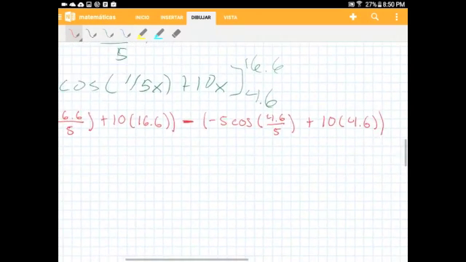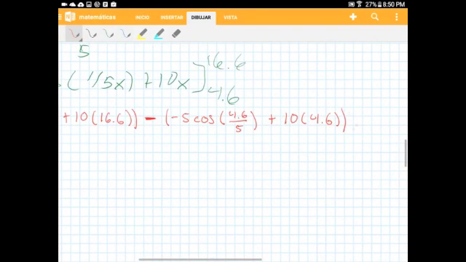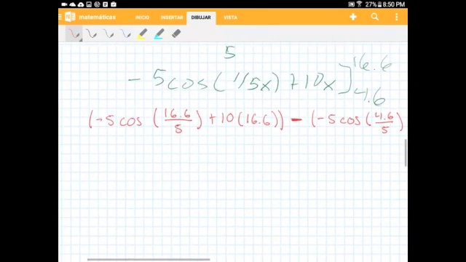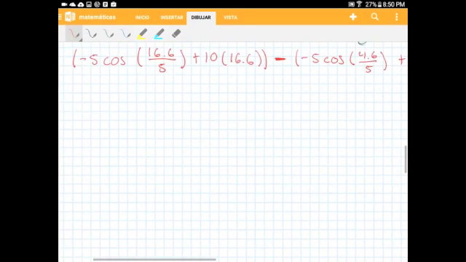We have to remember all this is subtracting all this, okay?